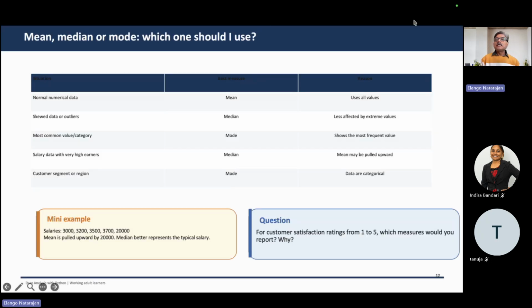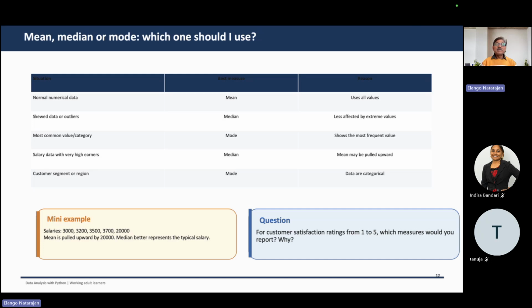So I'll just summarize here: mean, median, mode. Which one should I use in my data analysis? It is very important to choose the right method for your analysis. When you are working with numerical data, you can use mean or median. But if you are using skewed data or outlier data, better you go with median.